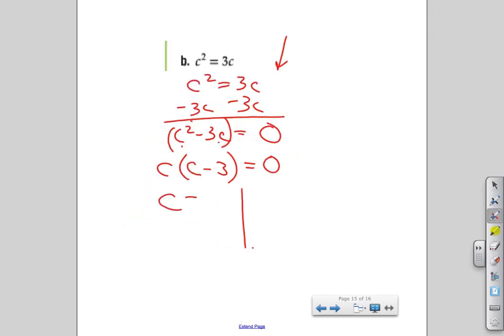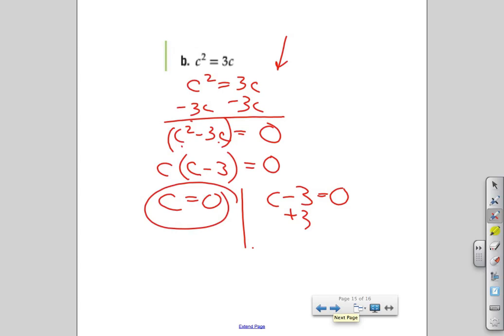I'm going to put c equal to 0 and c minus 3 equal to 0. So in one case, c equals 0, we're done. In the other, add 3, and c equals 3. So c is either equal to 0 or c is equal to 3. Those are the roots of this problem.